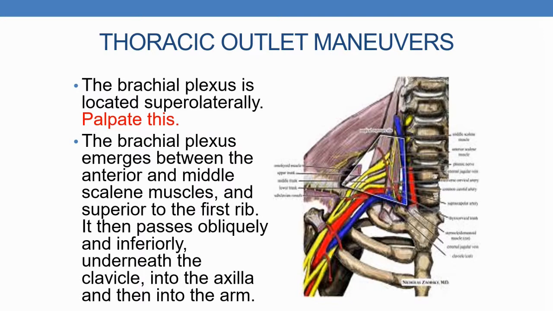Now, above the clavicle and above the first rib, the brachial plexus is located superiorly and laterally, and you can palpate this on yourself.